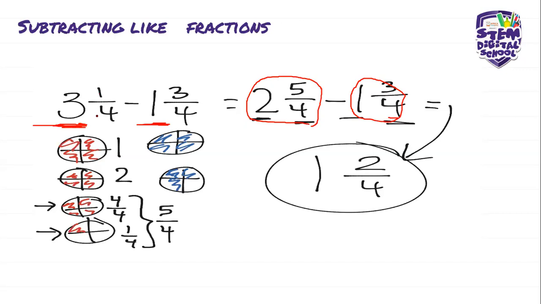It will still give us the answer. Or, what I always tell people, you can change these into improper fractions and subtract. Let's try that first. 3 times 4 is 12, plus 1 is 13 over 4. So I have 13 over 4.